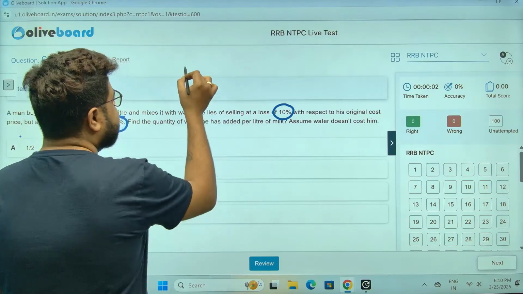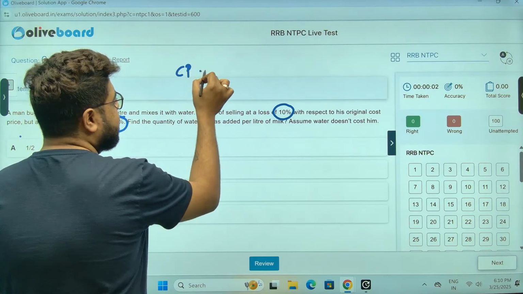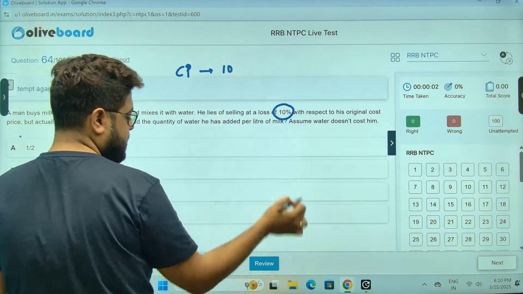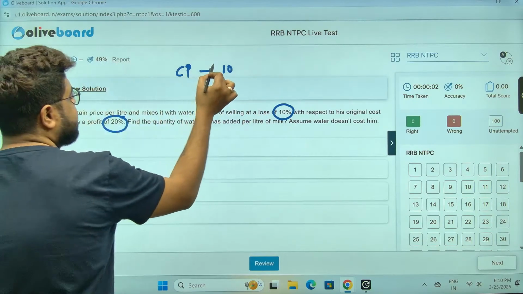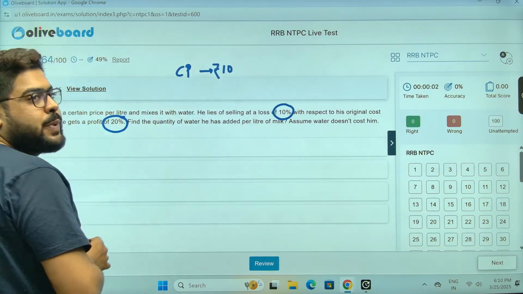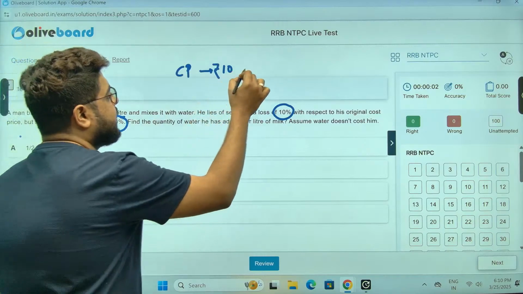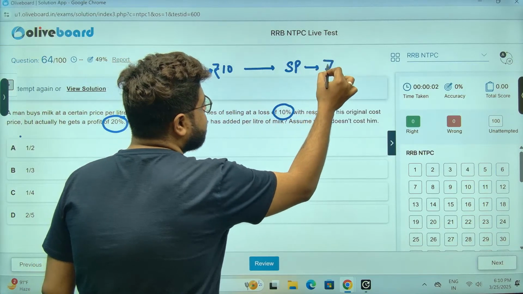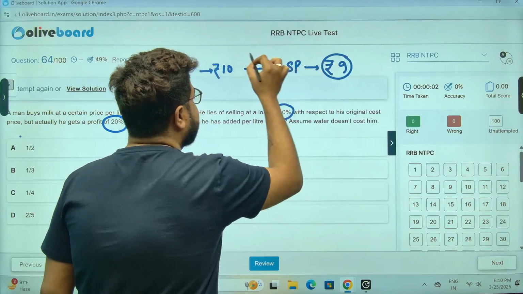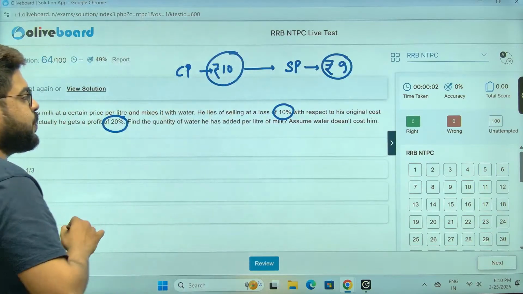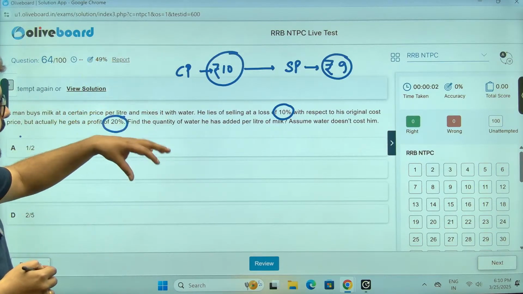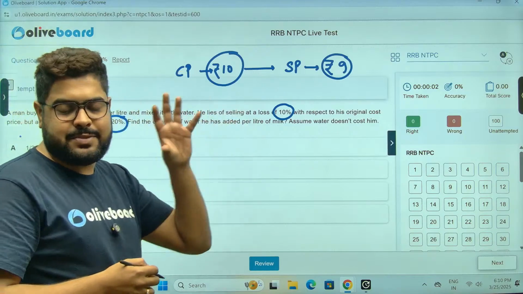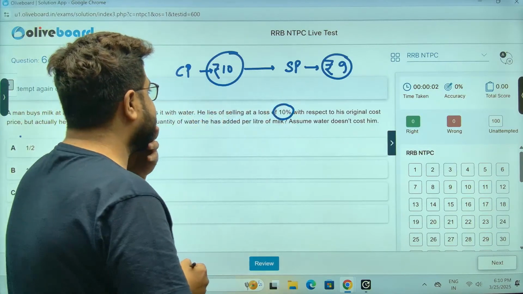Let's take CP per liter as 10 rupees. 10% loss means he is selling it for 9 rupees per liter. But he is mixing some water.